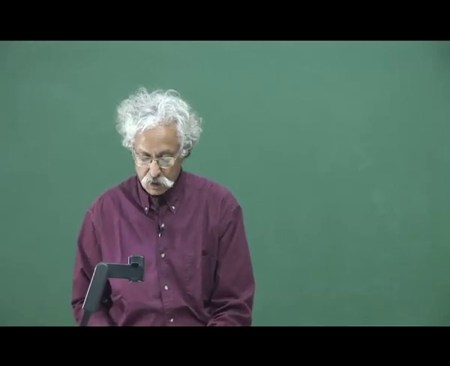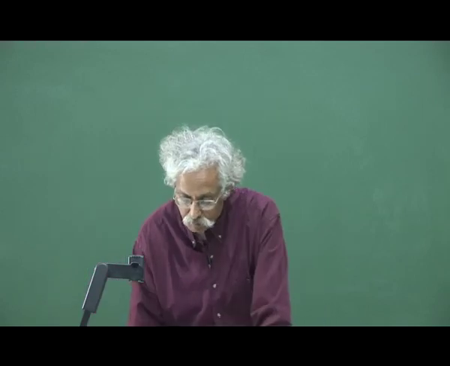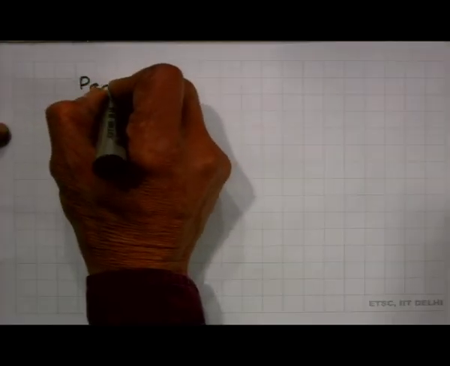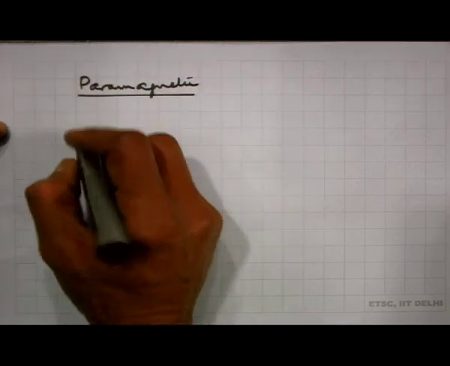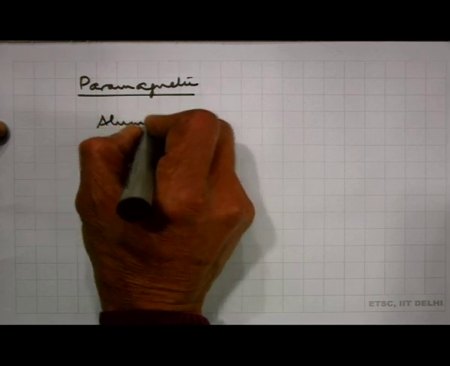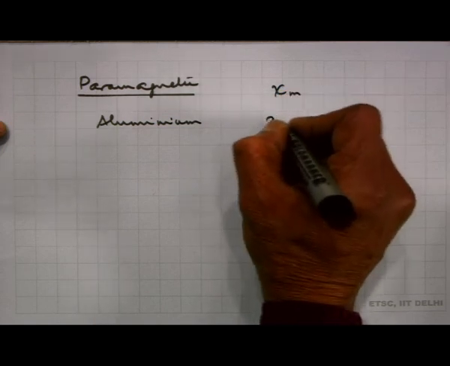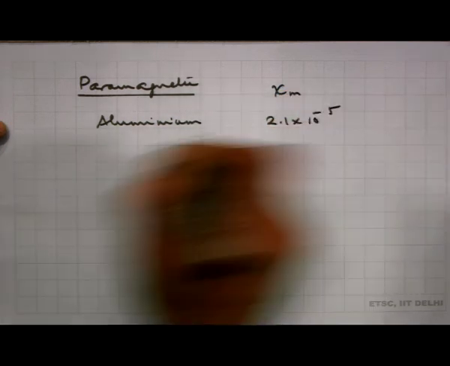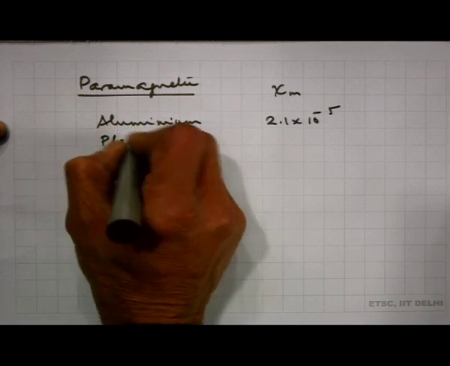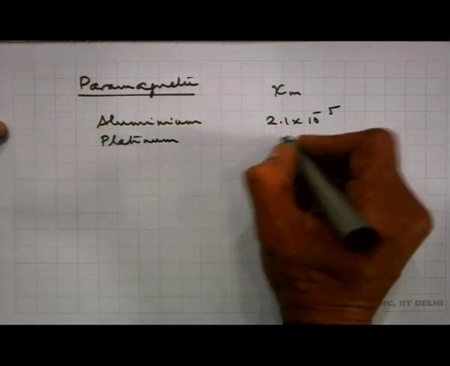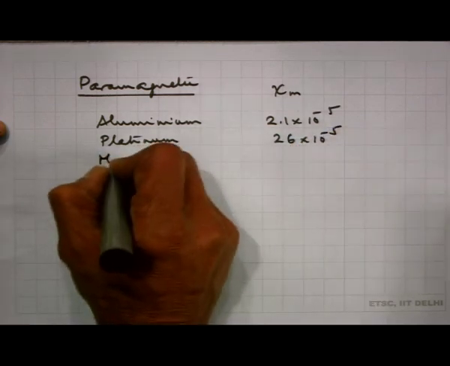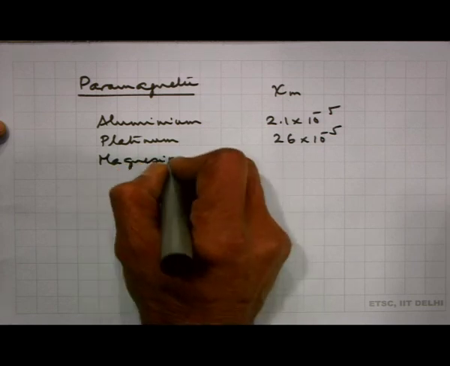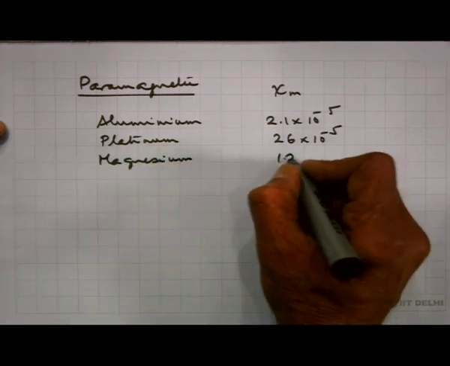These are diamagnetic material examples, and I will give you some examples for paramagnetic materials. Aluminum, so this is chi m here, 2.1 into 10 to the power minus 5. Platinum, 26 into 10 to the minus 5. Magnesium, 1.2 into 10 to the minus 5.